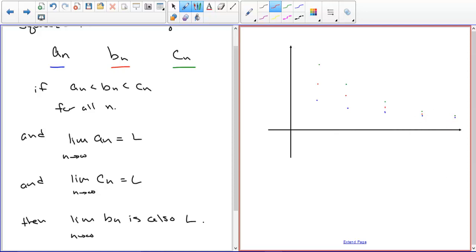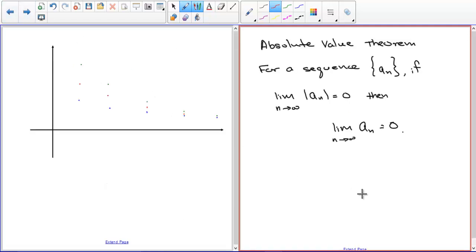It's going to be squeezed to the same value. So that's the concept. It's not geometric like we did with the squeeze theorem associated with limits. It's just visual. I'm sure there's a mathematical proof, but we're just going to do it visually: if the thing that's always bigger and the thing that's always smaller approach the same limit, then the one in the middle has to approach the same limit. That's the concept. Okay, so that's the squeeze theorem.